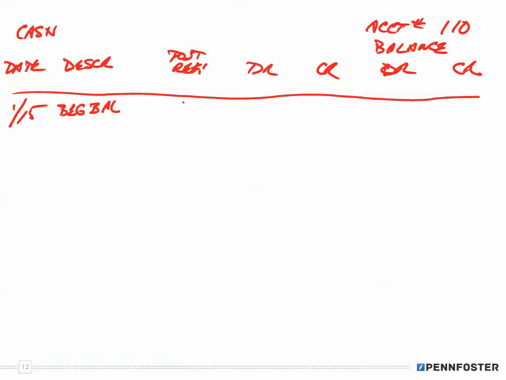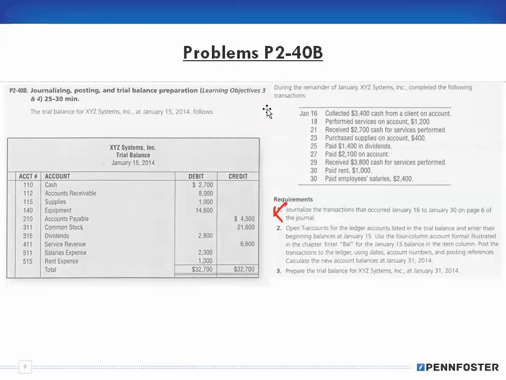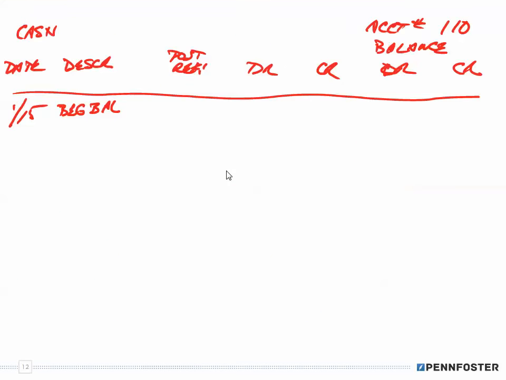For right now, we're not going to use the posting reference, but since our beginning balance from our trial balance here says 2,700 as a debit, that is what we're going to put under the balance column on the debit side, $2,700. Now, as we make other transactions, and I'm just going to make stuff up here, because we're not actually posting.